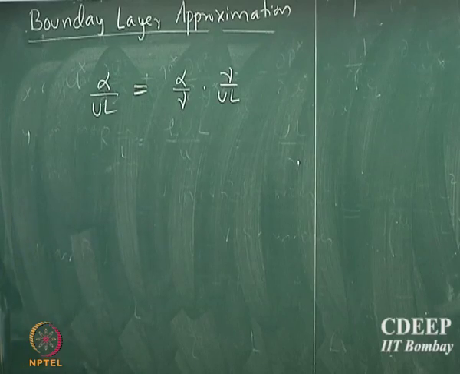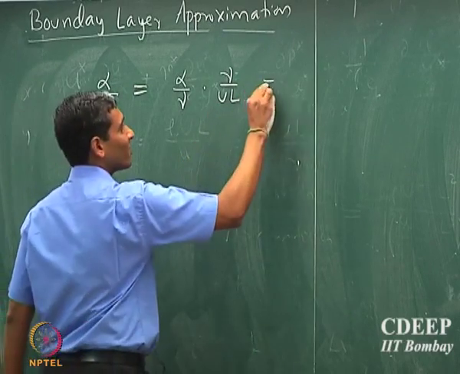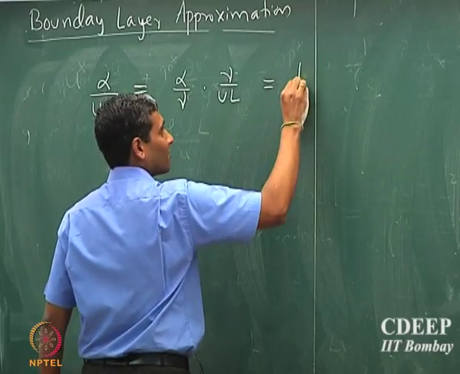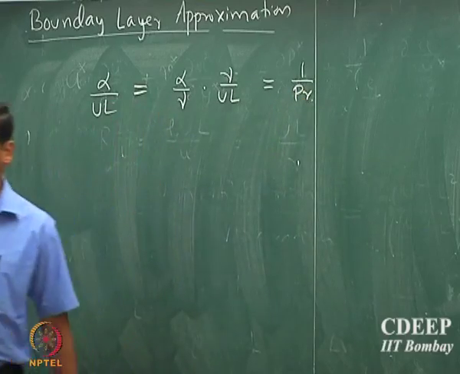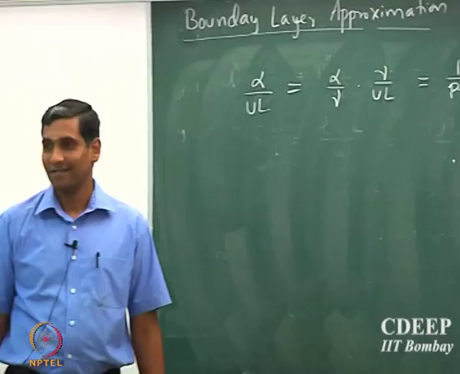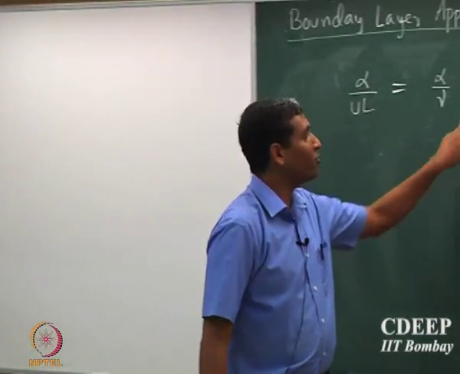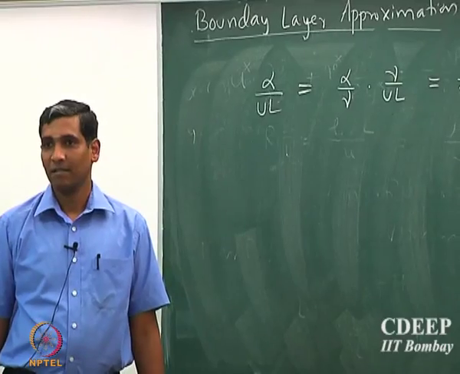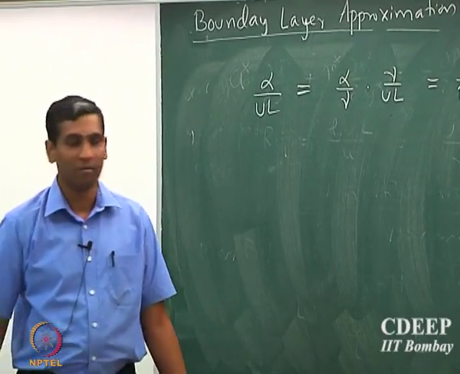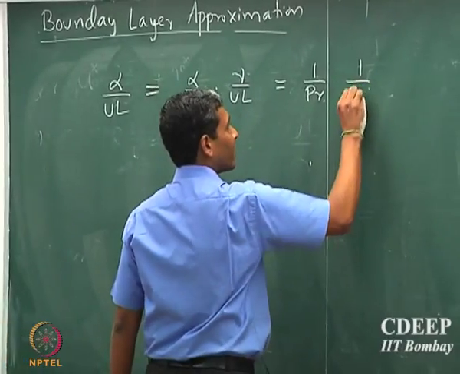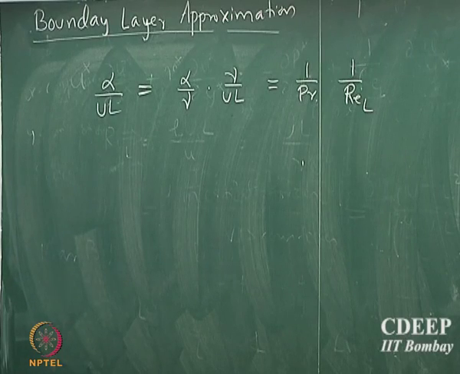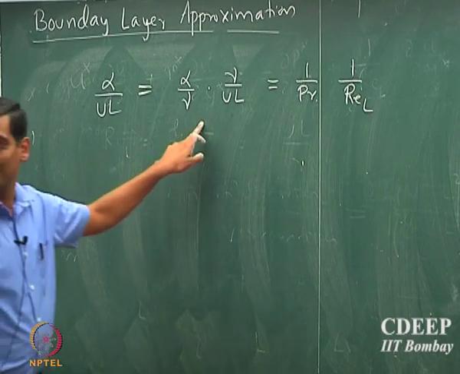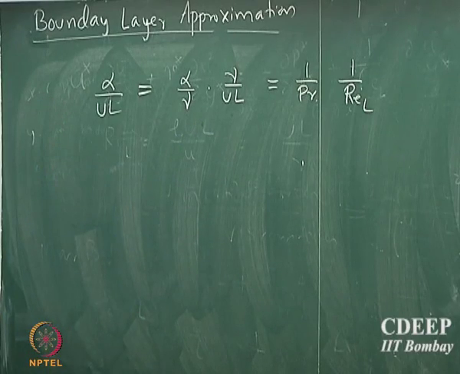What is alpha by nu? This is one by Prandtl number. What's nu by UL? 1 over Reynolds number, right? So this is 1 by Prandtl number into 1 by Reynolds number. Not Prandtl, 1 over Peclet number.